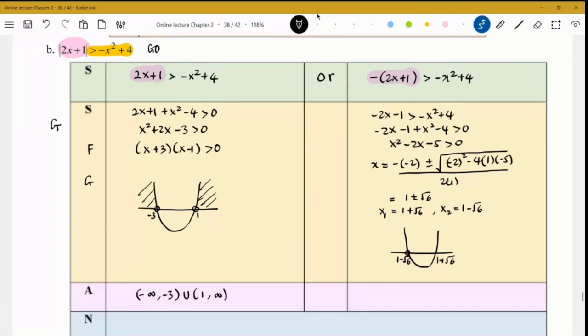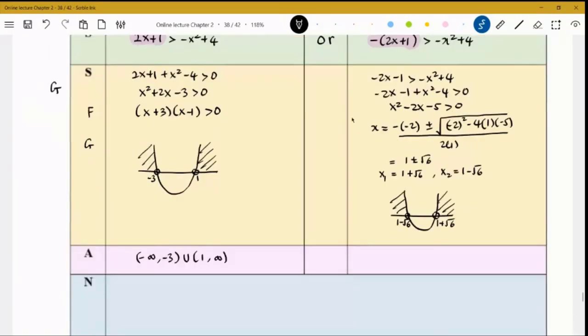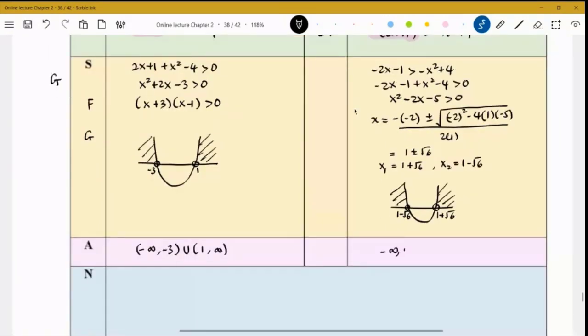So then empty circle, empty circle. So di sini pun sama juga, di bahagian atas yang dia nak sebab it's more than 0. So jawapan kita adalah negative infinity to 1 minus square root 6 union 1 plus square root 6 to positive infinity.